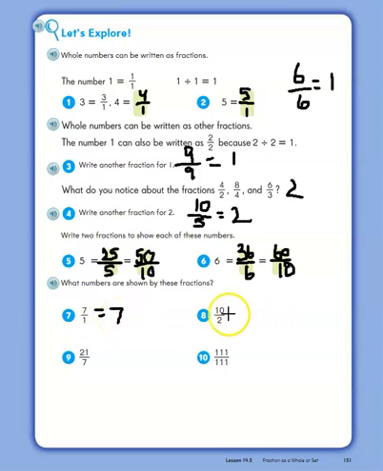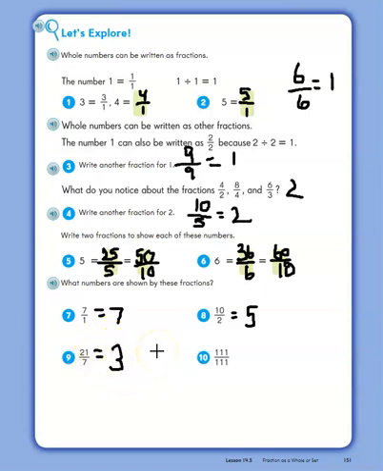Number 8 says 10 over 2, which is really the same as saying 10 divided by 2. And we know that 10 divided by 2 is 5. Number 9 has 21 over 7. So we know that 21 divided by 7 is 3, because 7 times 3 is 21.